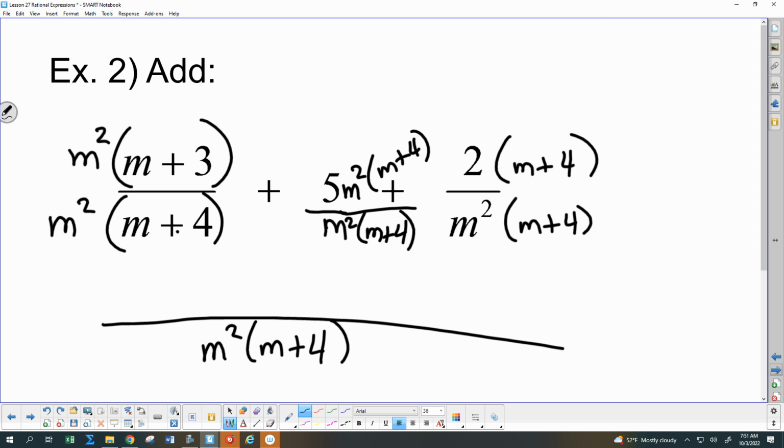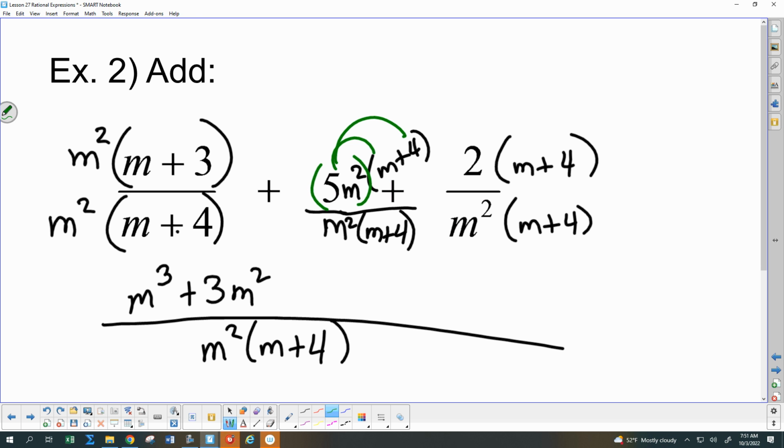Jonas, would you distribute my first numerator for me, please? Perfect. When you do this one, what I would do is say the 5 times the m squared is one term, and then let's distribute that all at once instead of trying to do the m squared times the m plus 4 and then all of that times 5.